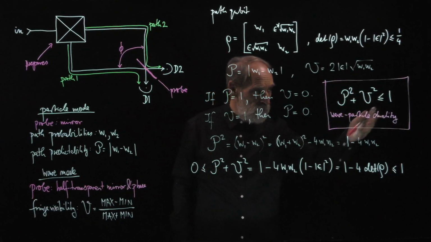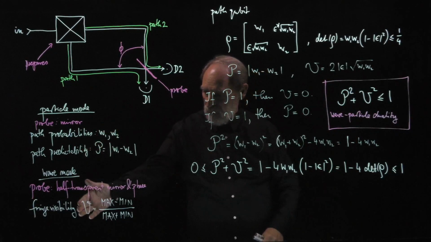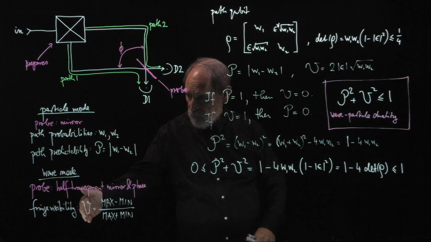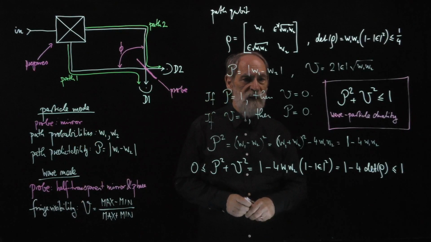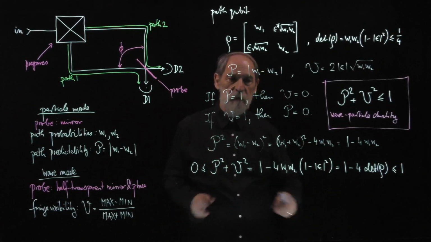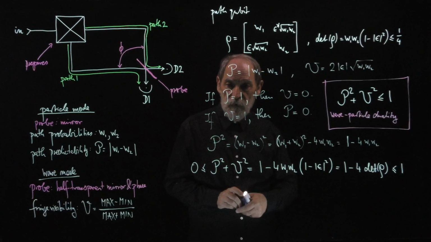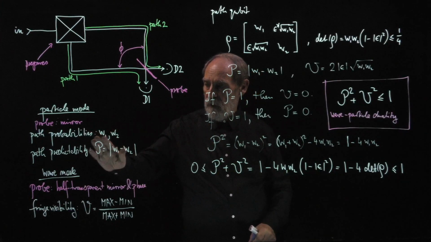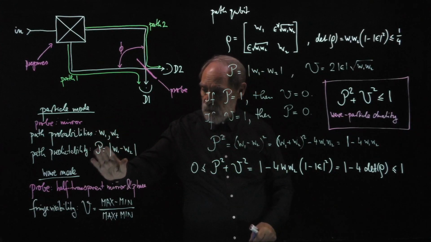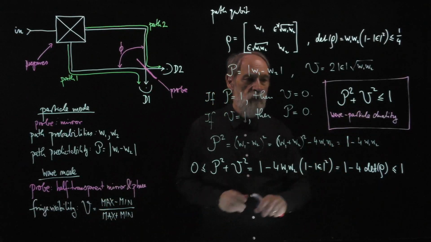And now this is a prediction of quantum mechanics about these operationally defined quantities, path predictability and fringe visibility, which we can test by conducting such experiments and by verifying whether in real experiments we really have the situation that always P² + V² is less than 1.